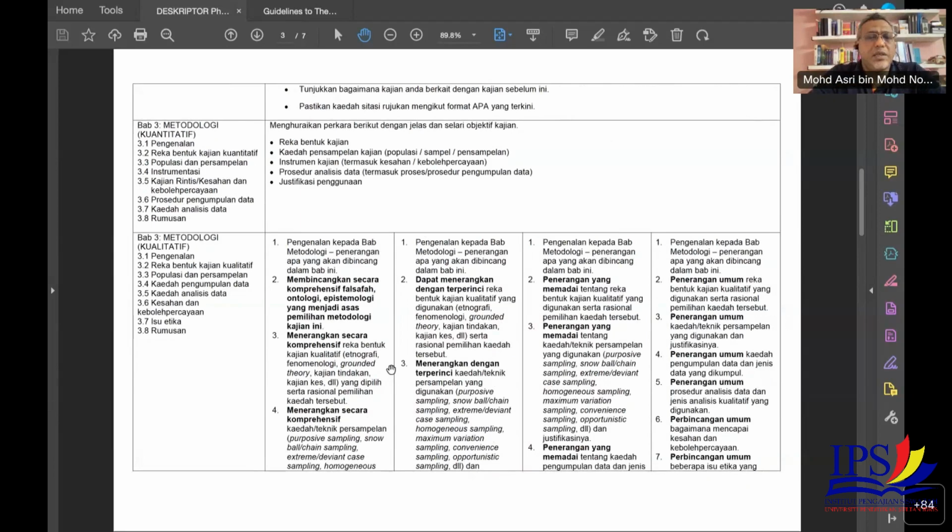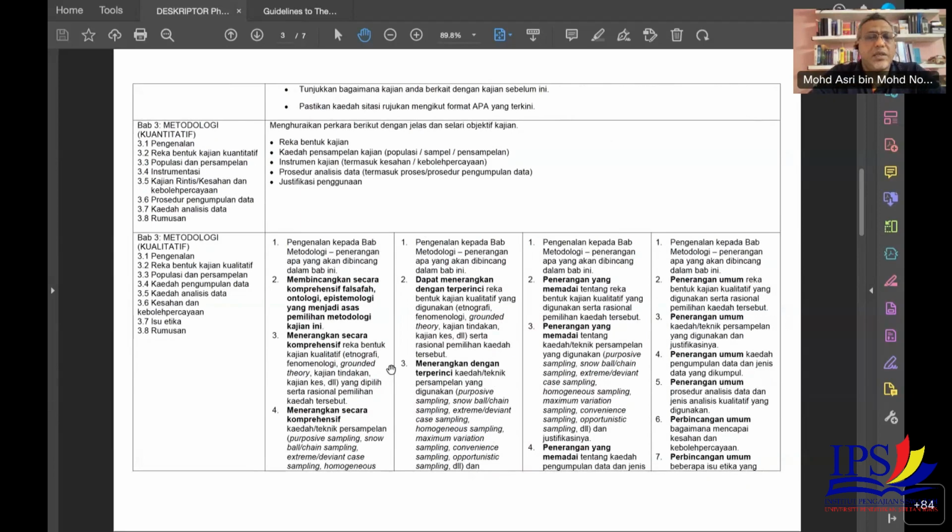Then you will have chapter 5, where you have a discussion of all the findings. This is where we look at whether you are able to discuss all the materials or the findings that you have put in your chapter 4, and whether you are able to support all your discussion with literature or past research, and so on and so forth.